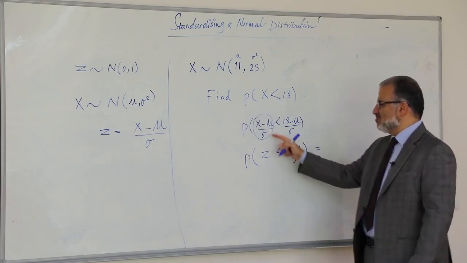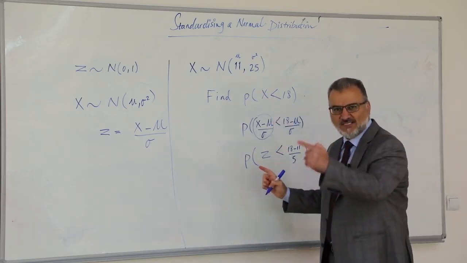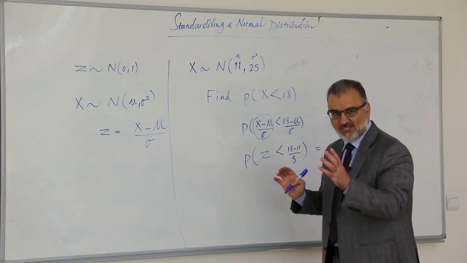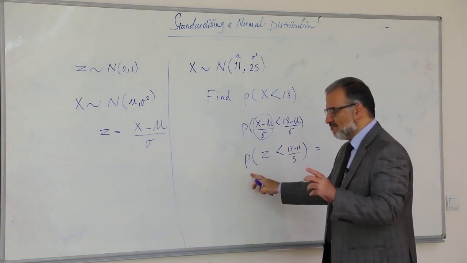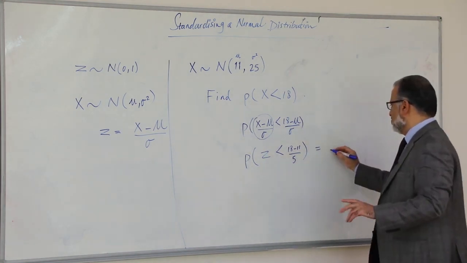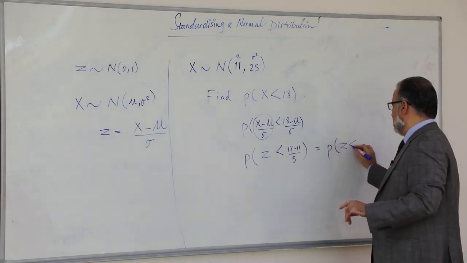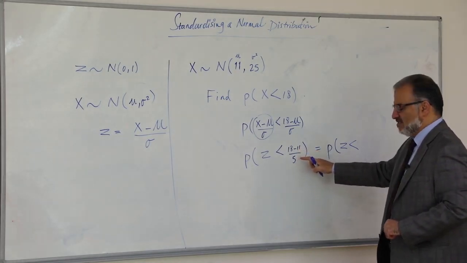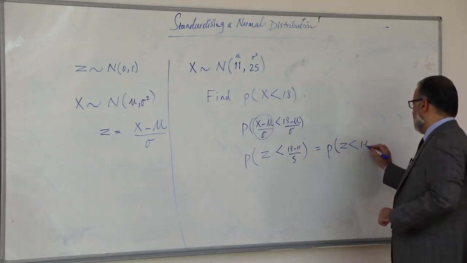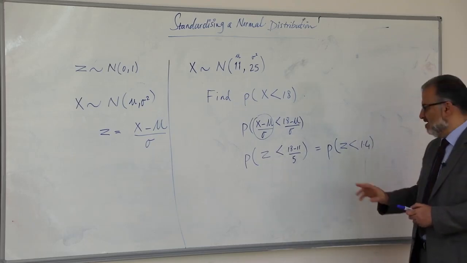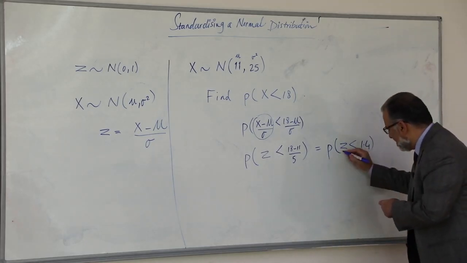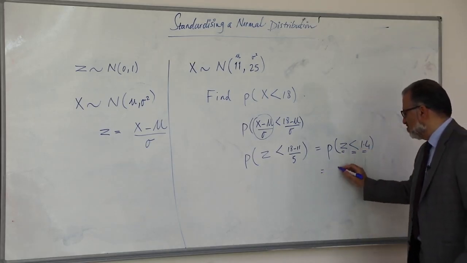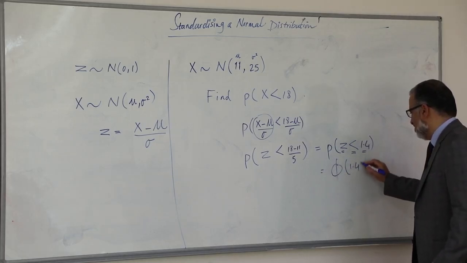So now we managed to change x into z through the standardization process. Now easily we can deal with the tables of the standard normal distribution to find the probability. So here it will be the probability of z less than 18 minus 11, which is 7 divided by 5, which is 1.4. Since you have a probability with z less than a positive value, this is equivalent to phi of 1.4.